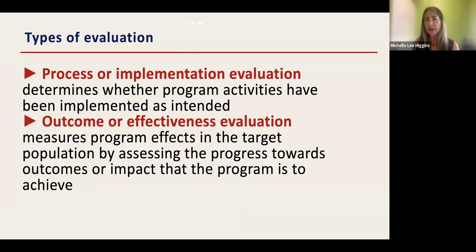What decisions did you make to deviate from the plan? And then the second type is outcome or effectiveness evaluation. It assesses the progress towards the outcomes or impact that the program is to achieve, right? Did it do what you thought it was going to do? Next slide.